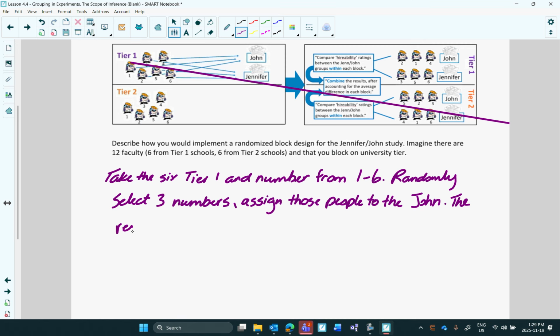The remaining 3 go to the Jennifer group.